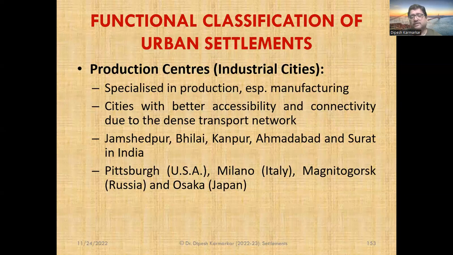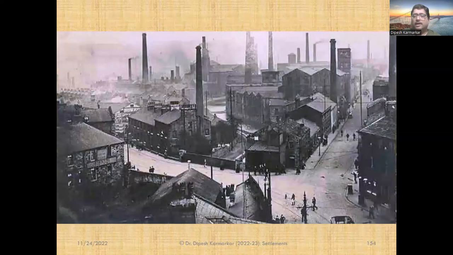So they're significant production centers, while Jamshedpur, Bhilai, Kanpur, Ahmedabad, Surat are a number of other examples from India as far as production centers are concerned. Again, it's a typical skyline that we observe in industrial cities with a lot of industries around.